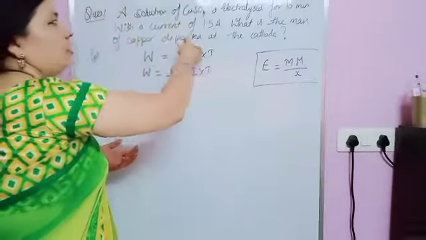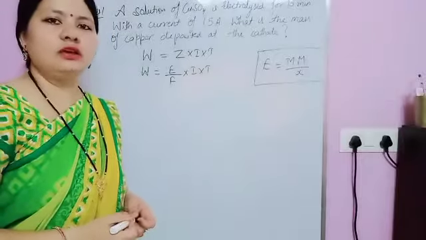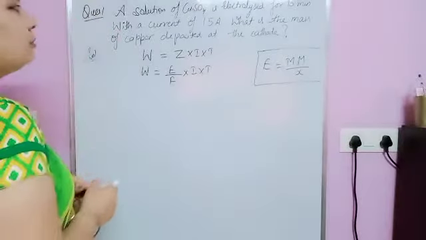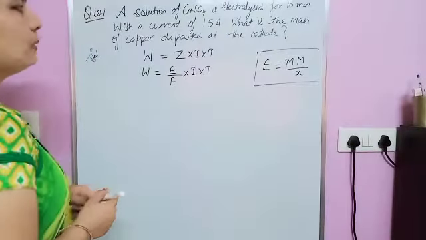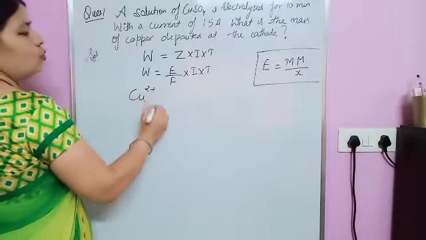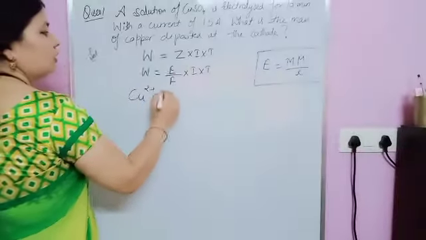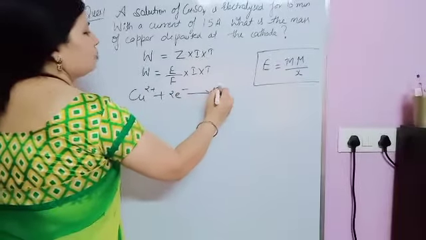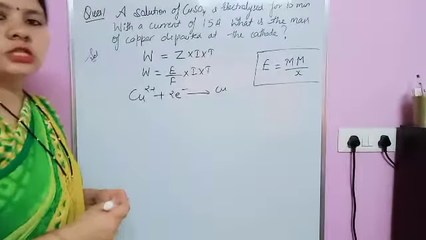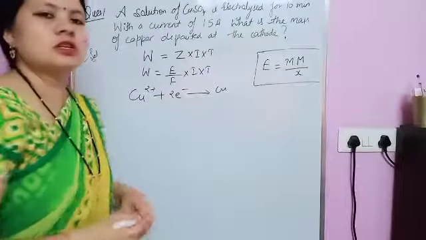But here, because it is deposited at the cathode, and in the case of cathode there is a gain of electrons, the reaction is Cu2+ plus 2 electrons gives Cu. Although it's not required to write this equation, it's totally up to you. The number of electrons transferred is 2.